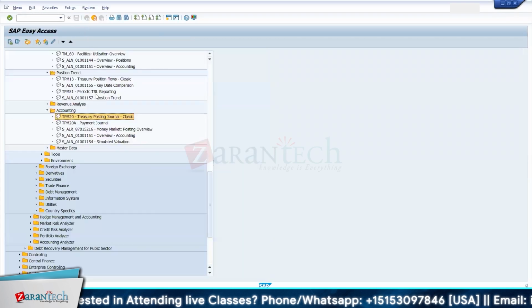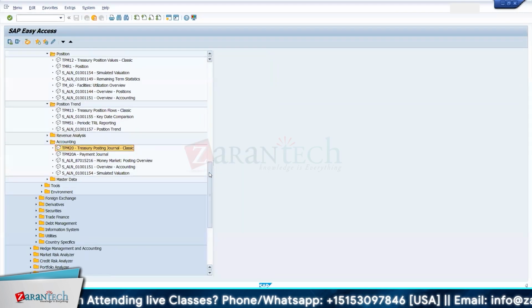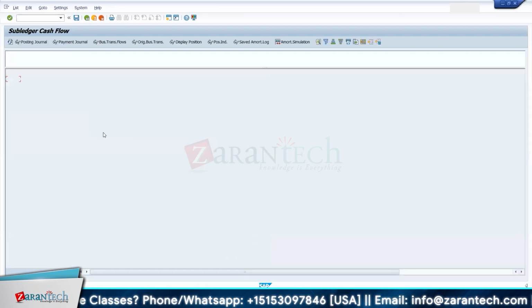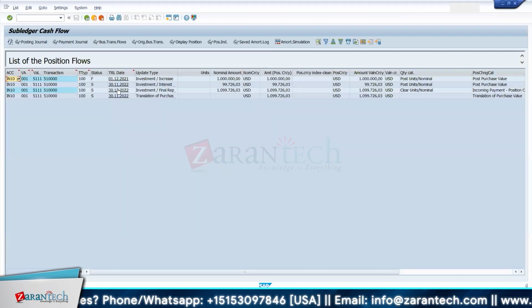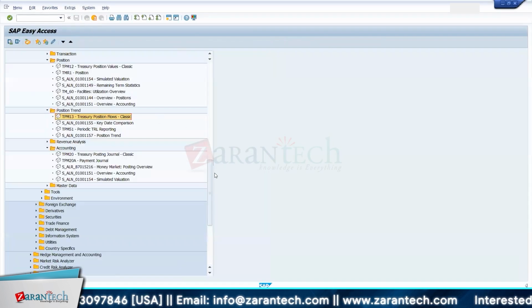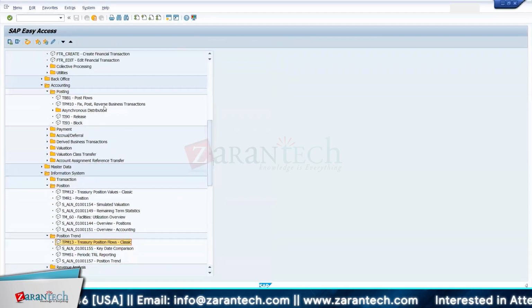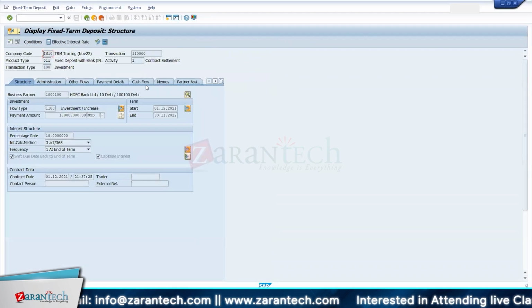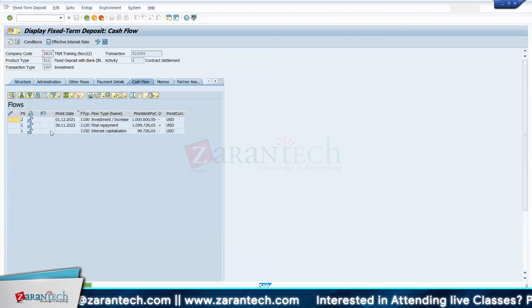Now, if you see what the next flow date is, if I go to this transaction, I can see that on 30th 11/2022, this FD is going to mature. And if you go to the TRM edit and display this, here you can see the status has changed to 2, means accounting has been posted.